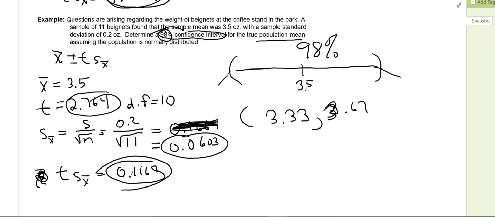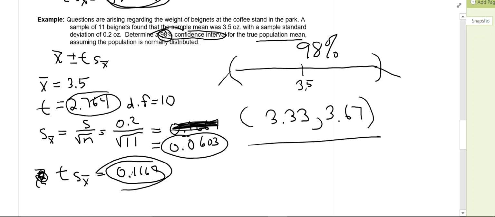This is an interval that I'm 98% sure the true mean beignet weight is between those two numbers. All right, move on to the next problem.